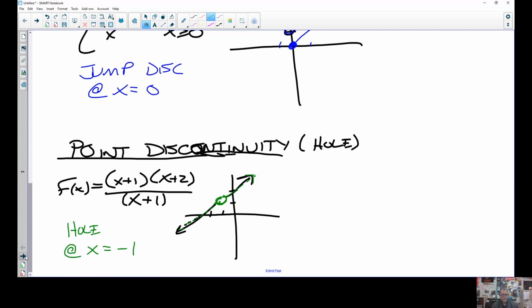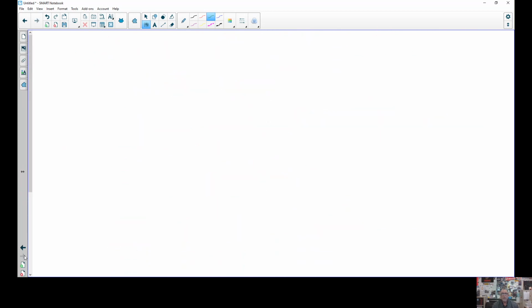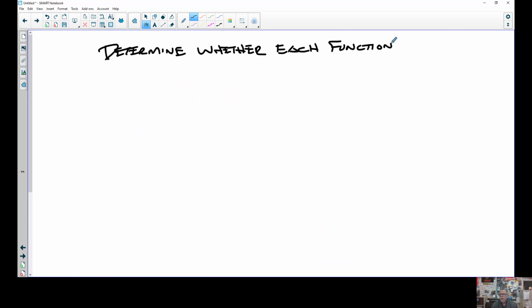All right. So how do we use this continuity test? Well, this is what our problems are going to look like. It's going to ask you, determine whether each function is continuous, I'm just going to abbreviate that, at the given x value.